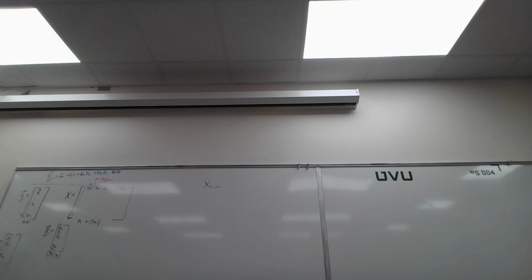Hopefully everybody is comfortable now with the idea that if I write E transpose E, that is the same thing as saying the sum of the squared error terms. We did that demo last time. So this is what I call my residual sum of squares. It's now just in matrix form, in this case vectors. So our job is to minimize this.